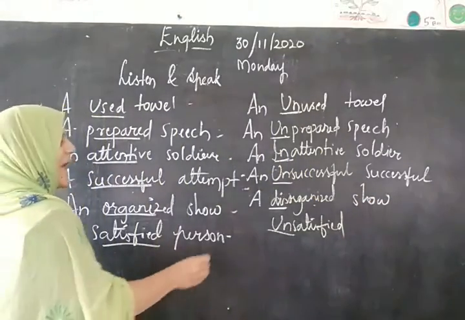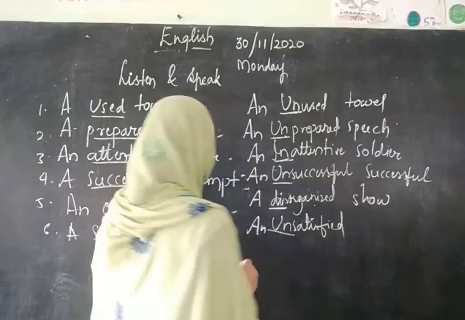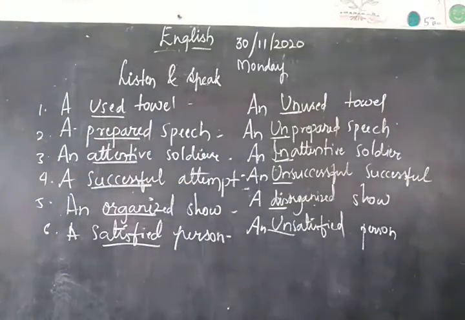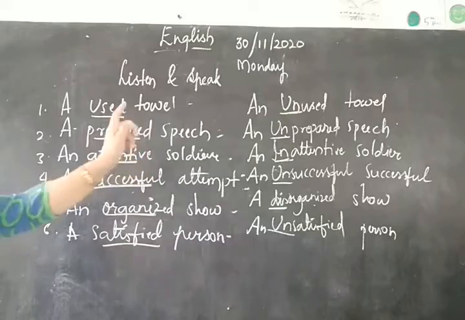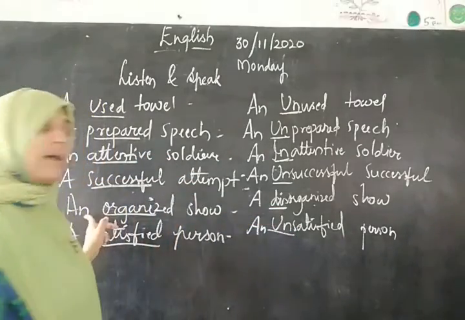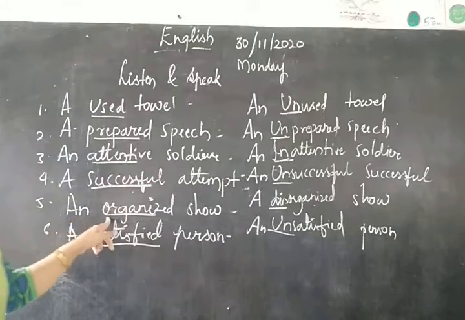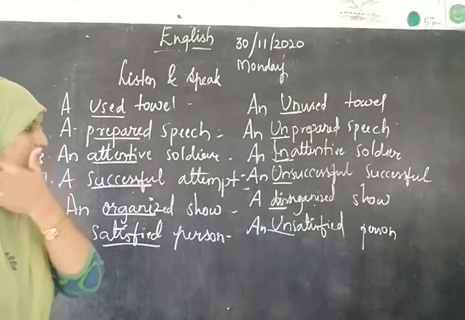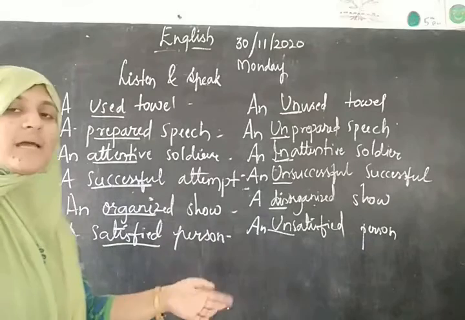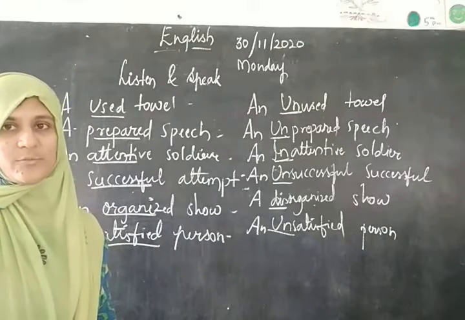And an unsatisfied person. This way you have to insert the articles: an unused, an unprepared, an inattentive, an unsuccessful, a disorganized, an unsatisfied person. This way you have to make antonyms, that is, opposite words.